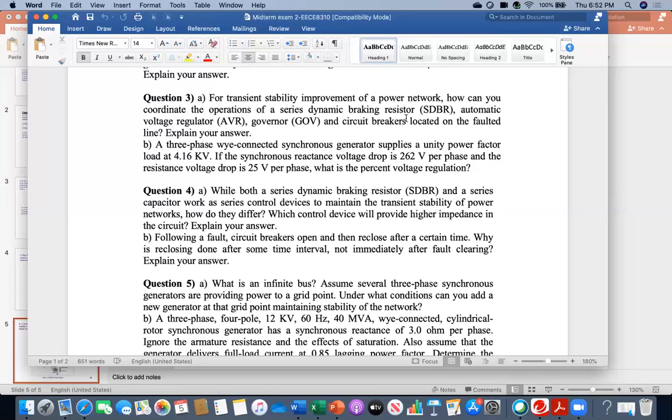If you compare the circuit breaker versus the SDBR, both are connected in series, and it depends on the delay. If the controller needs more delay for the SDBR, then that will come later, or it might happen that it is activated before the circuit breaker. The same thing with the AVR and governor: if their time delay is less than the SDBR and circuit breaker, then of course they will start working first. So in this case, there is no particular sequence; all might work simultaneously.